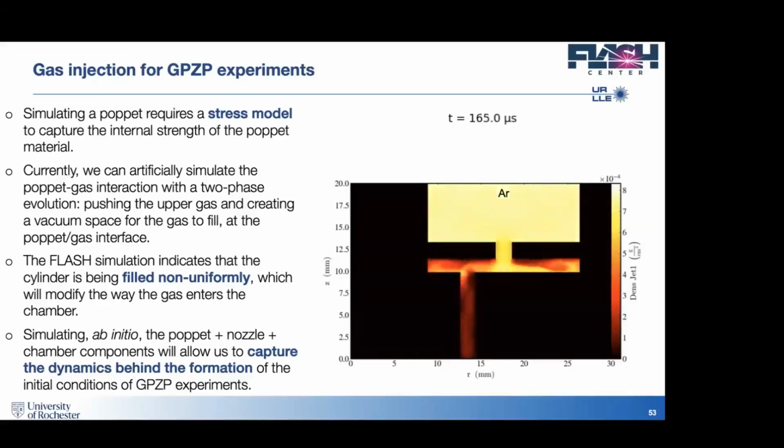That required us to start modeling the poppet responsible for the injection of the gas into the channel, which results in a very non-uniform spatial distribution of the gas being injected for the Z-pinch. It is an extra level of accuracy that we're trying to explore, but it also is a nice test bed for moving solids in a code like Flash.